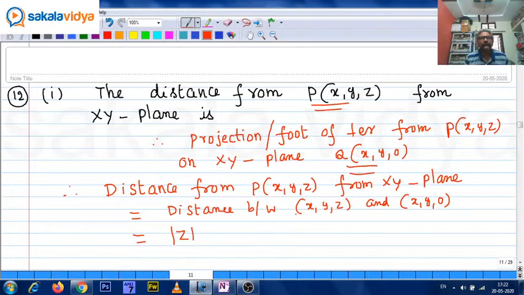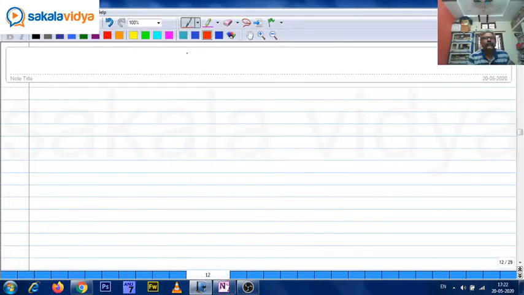Next, second point to be discussed under 12.